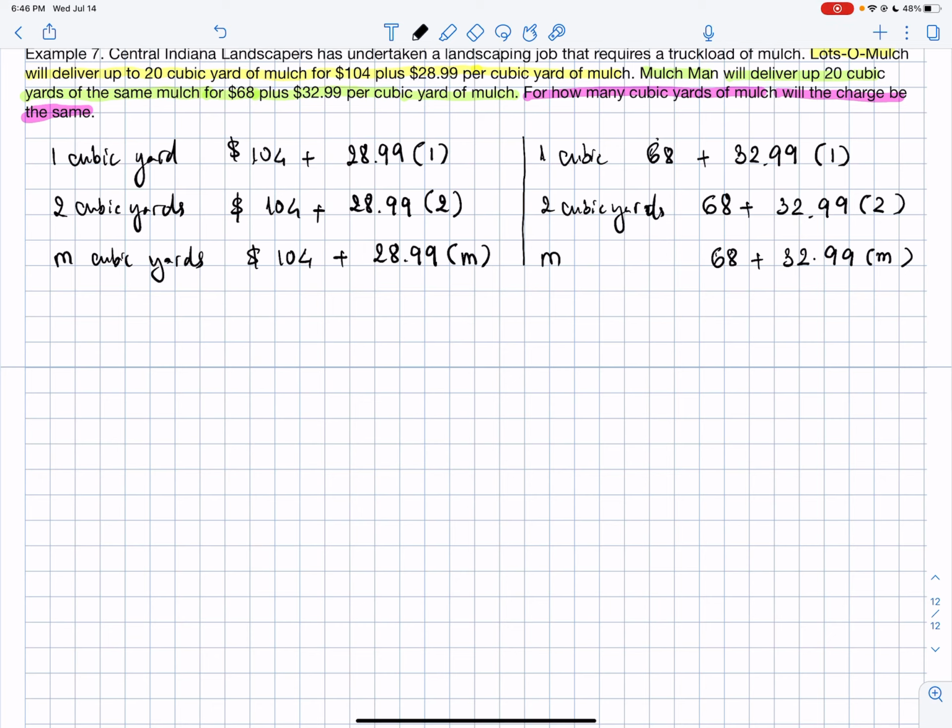The charge for the first company is 104 plus 28.99 times m, where m is some number of cubic yards. The charges for both companies are different, but somewhere they will meet. At some certain number of cubic yards, the charges will meet each other. So that's why we set up the equation for equal, because the same means equal.